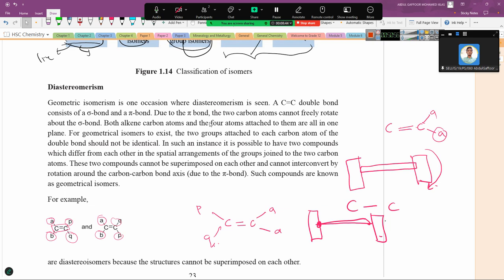But due to the pi bond, the two carbon atoms cannot freely rotate about the sigma bond. As I mentioned, let's say my digital pen is the sigma bond and the normal pen is the pi bond. So my phone cannot be rotated around the digital pen because the normal pen will not allow it to do so. Is that clear?